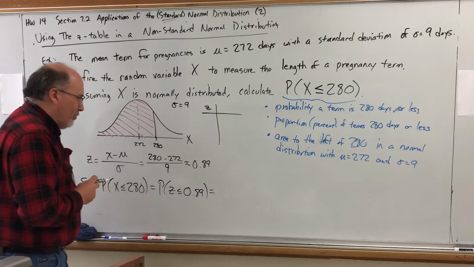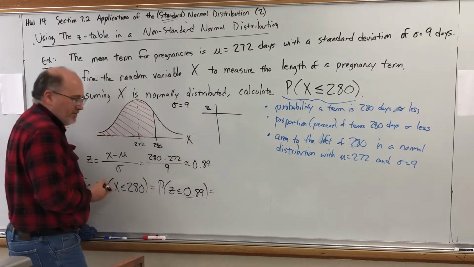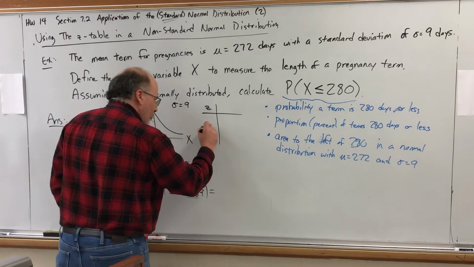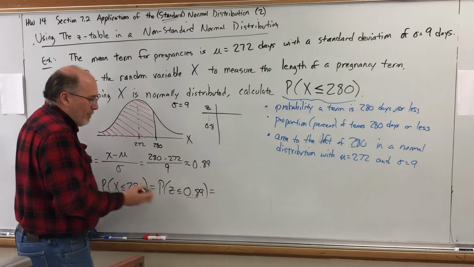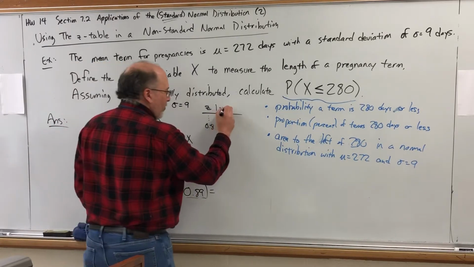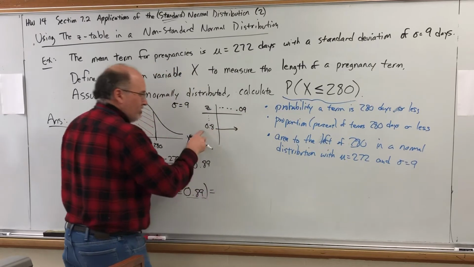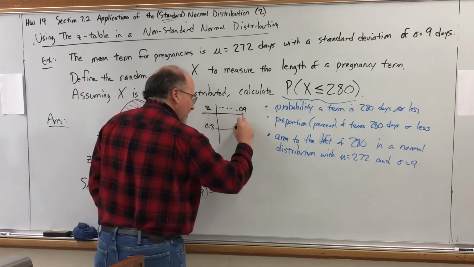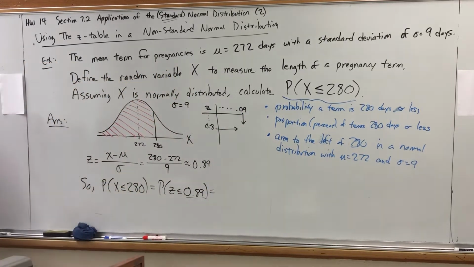In the z-table, the left column represents the digits on both sides of the decimal. So we would go down to 0.8 in the z-table. And the top row represents the second decimal digit. So we would have to go all the way over to 0.09. And then we would look across the 0.8 row, down the 0.09 column, and see what number is in there.